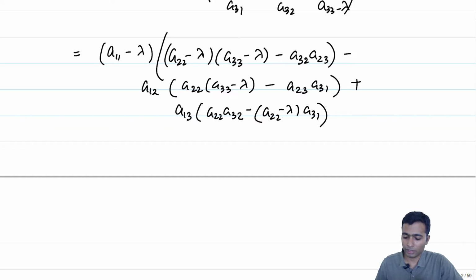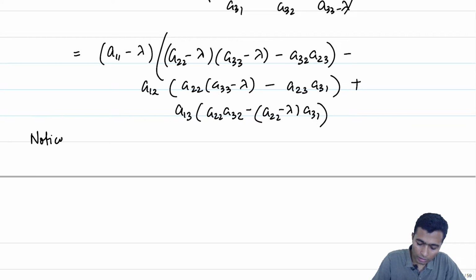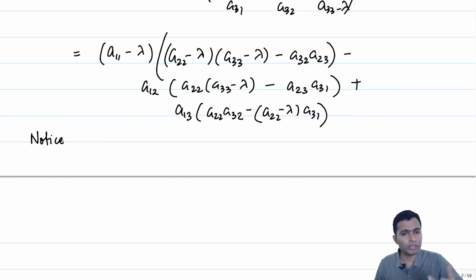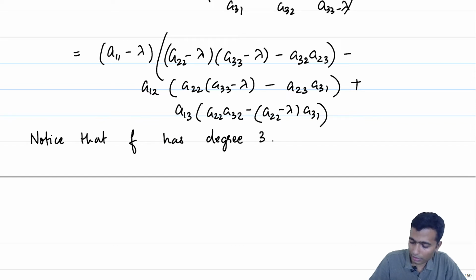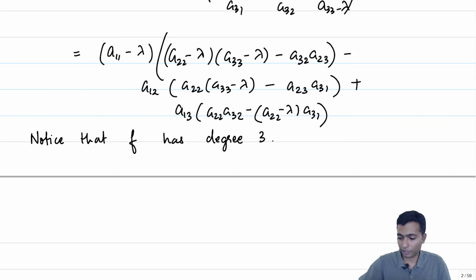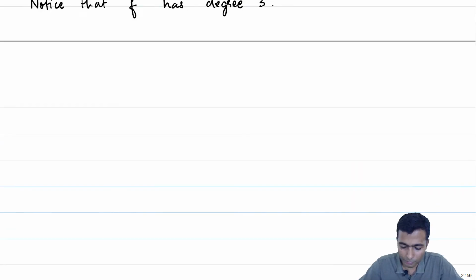I will not expand it out any further. If you notice carefully, this particular polynomial is a polynomial of degree 3. Observe that I am now using lambda instead of x for the indeterminate. It's the same, and no confusion should come up because of that.